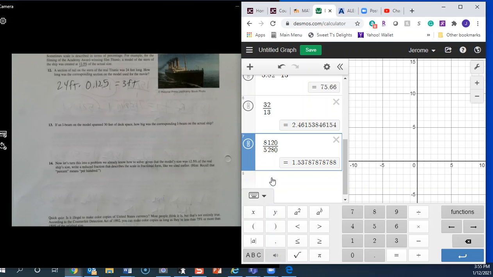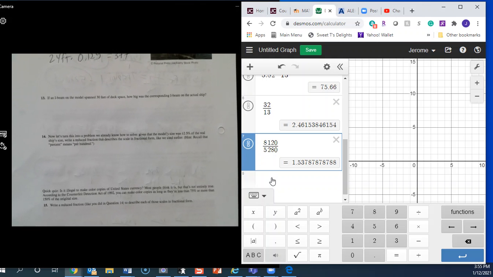All right. Now, 13. It says, if an I-beam on the model spanned 30 feet of deck space, how big was the corresponding I-beam on the actual ship? Okay.